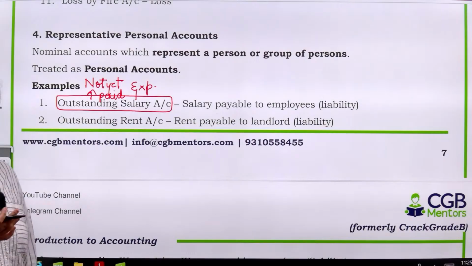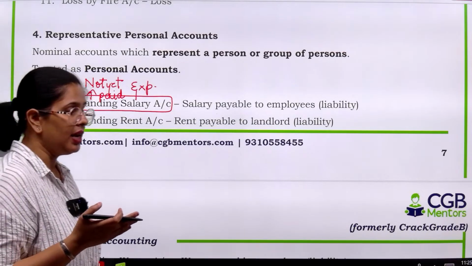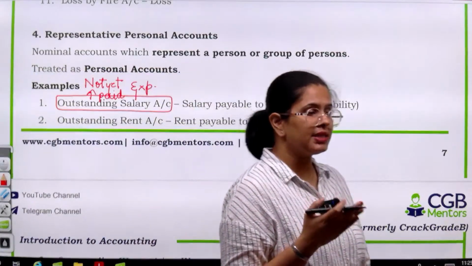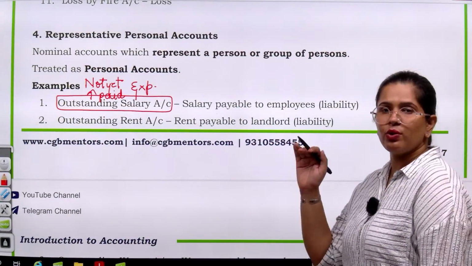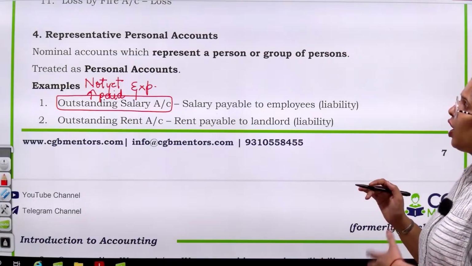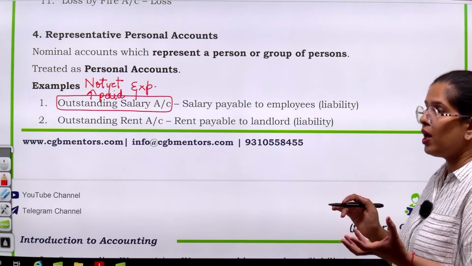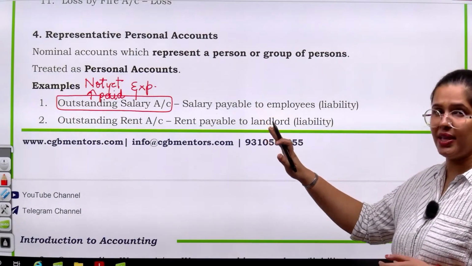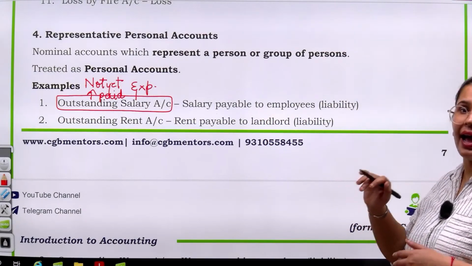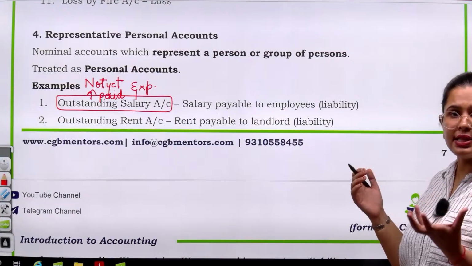Yes, it's an expense, but now this is a liability towards someone. I have an accountant and I have not paid him the salary for the month of September. So it is outstanding salary. It belongs to a person now. It was my expense, yes, I have recorded my expense, but after recording, I have not paid this amount to somebody.